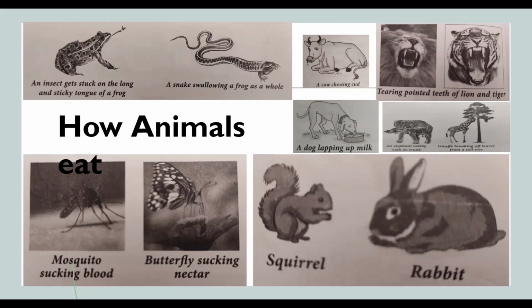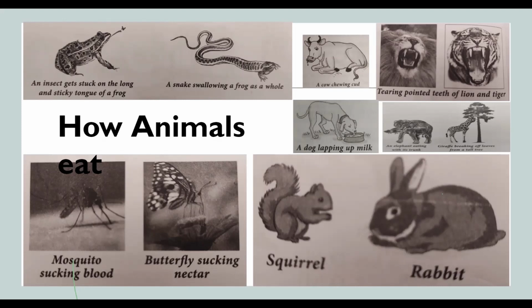See, mosquito comes after frog and snake, isn't it? So how do they take the food? Animals which suck. Insects like mosquito suck the blood of animals, humans, or any creature.